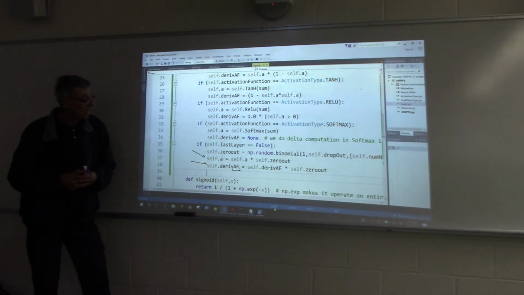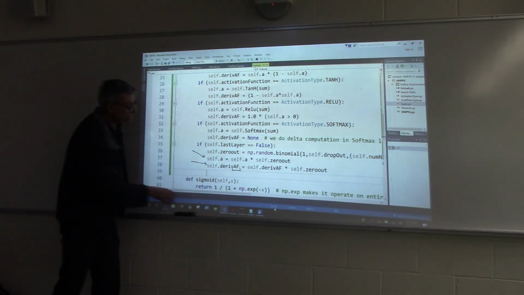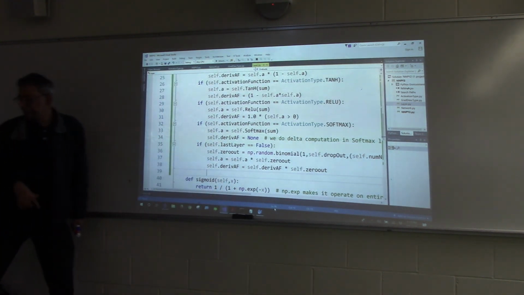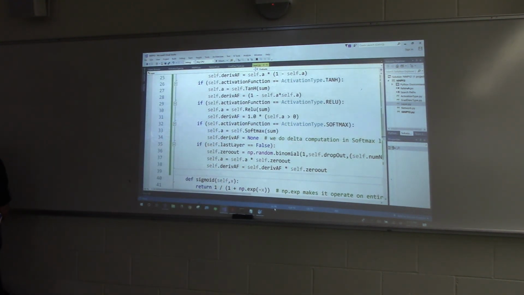Okay, and anyway, the rest of the code is like I said. Can you show the back propagation? Will that also be multiplied by the 0 outcome? This takes care of the back propagation because the derivative is used in the back propagation. Got it. Okay, so let's take a break and then we'll continue from here.